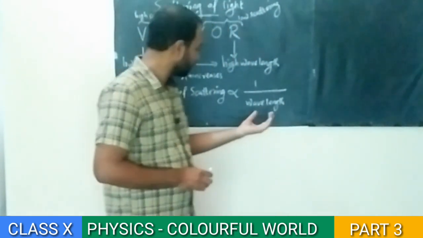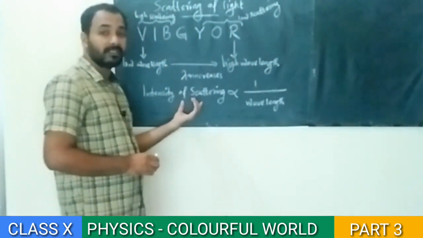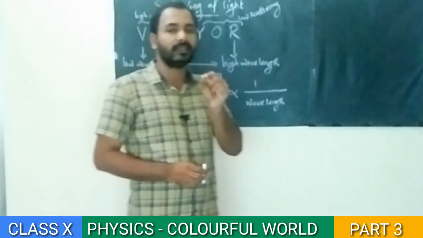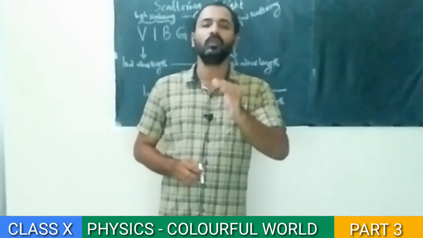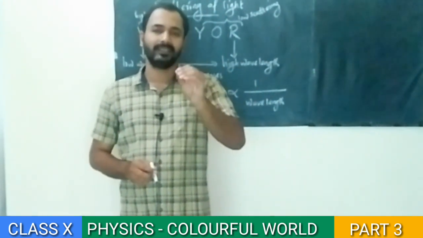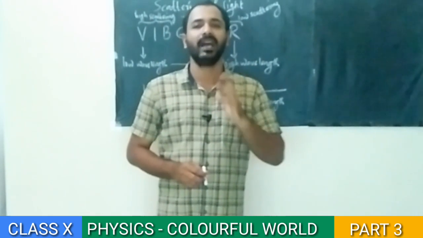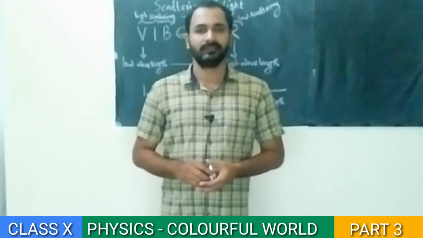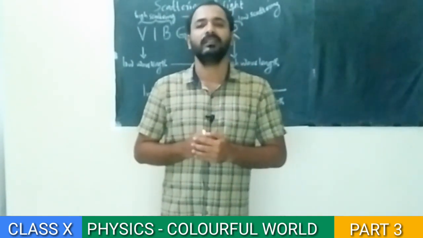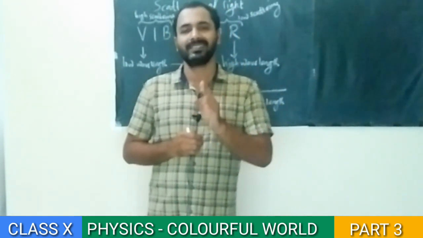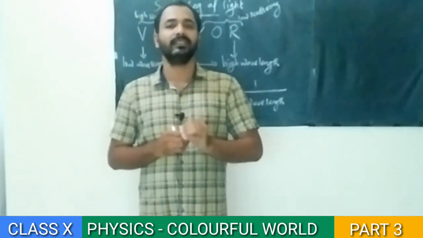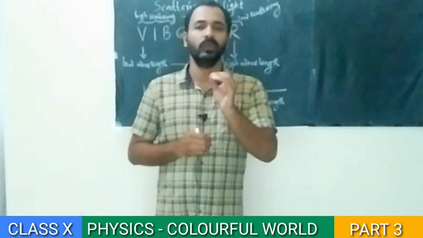Wavelength and scattering of light are inversely proportional. Very fine particles scatter low wavelength colors. Very large particles scatter high wavelength colors. Clear? So very fine particles present in the atmosphere scatter low wavelength colors like blue.